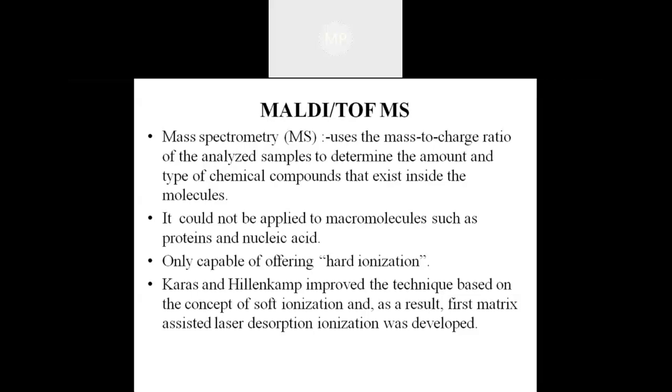The mass-to-charge ratio measurements are taken on a molecule in the gas phase, and heating or other treatments are required to transfer the macromolecule to the gas phase, which usually results in very rapid decomposition. Although mass spectrometry has been in use for many years, it couldn't be applied to macromolecules such as proteins and nucleic acids.